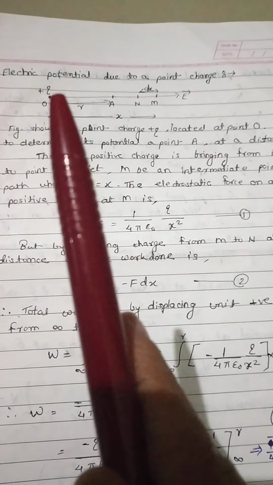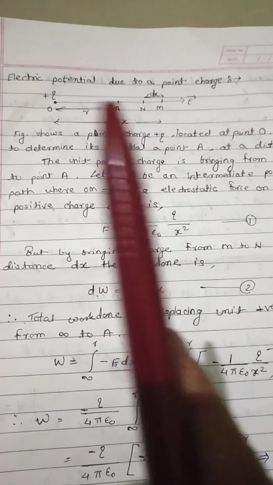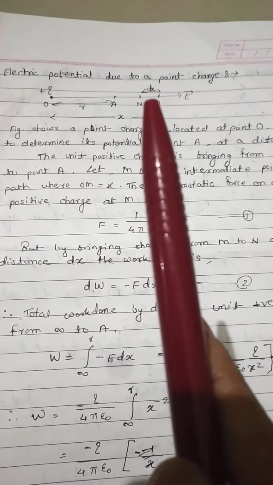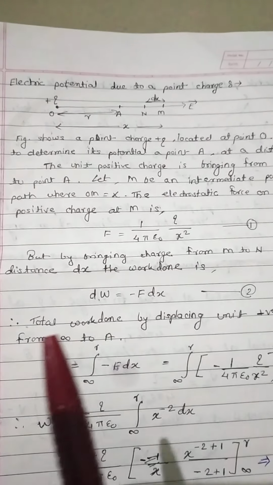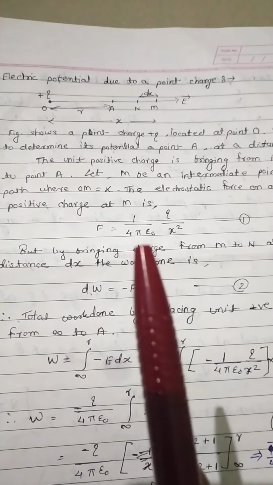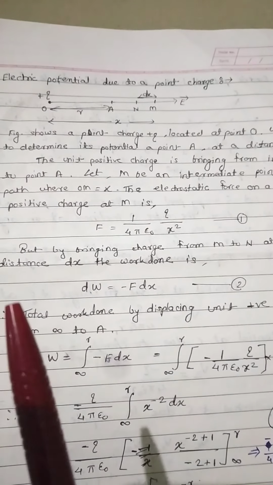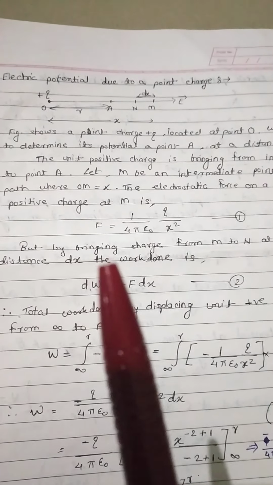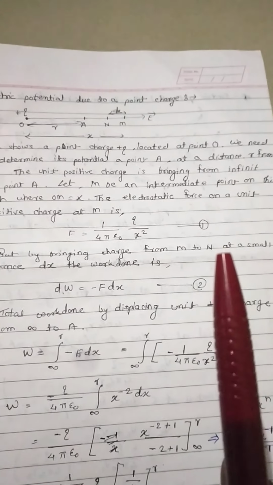Only plus Q exerts it because we are considering one point charge. Then we get F equal to 1 upon 4 pi epsilon naught Q upon x square, equation number 1. You already know the electrostatic force formula.